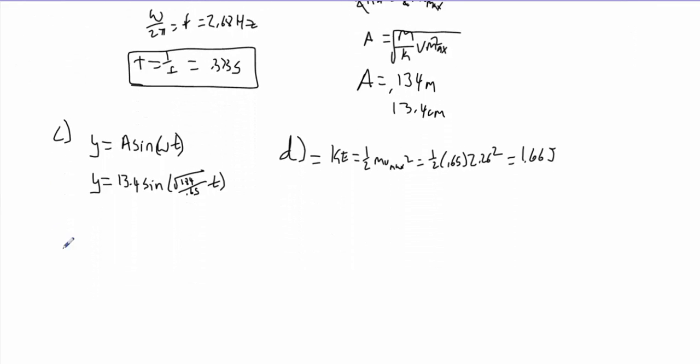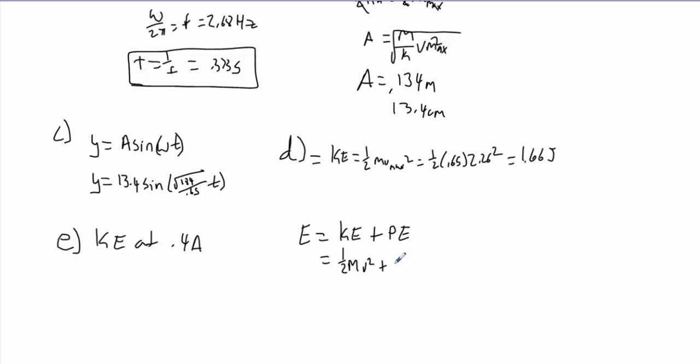Now that is a little bit tricky. E, KE at 0.4A. There's a couple different ways I can go about doing this. I know that the total energy is equal to kinetic energy plus potential energy. That is to say, this is equal to 1/2 m v squared plus 1/2 k x squared.